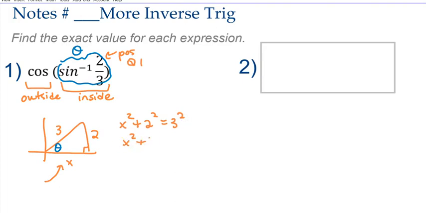So x squared plus 4 equals 9, so x squared equals 5, so x is square root 5. Okay, so now that we know that, we can find the cosine of the angle without even needing to know the angle. So the cosine of the inverse sine of 2/3 is square root 5 over 3.